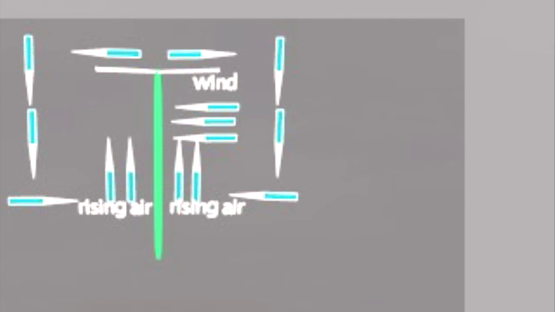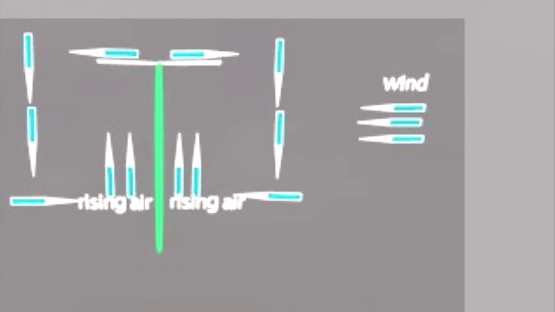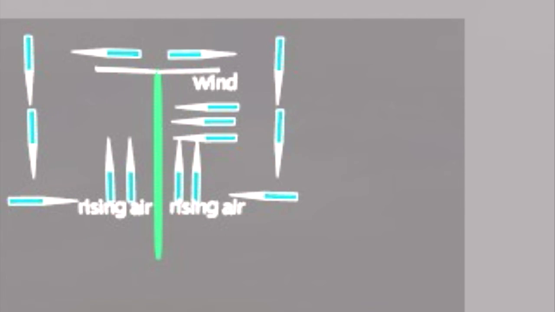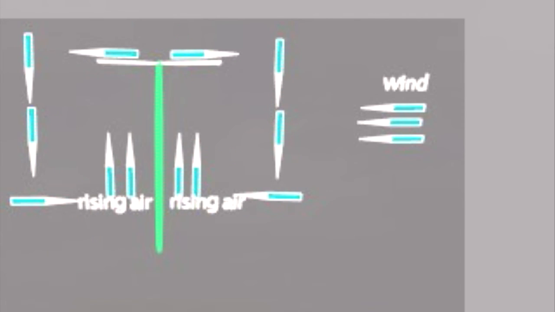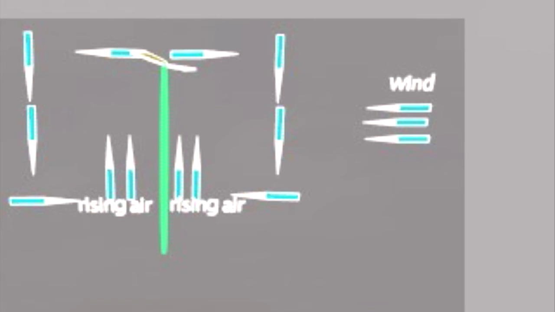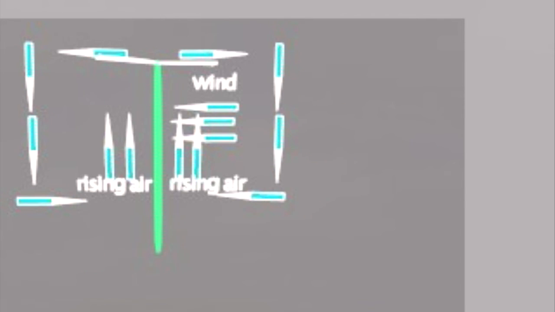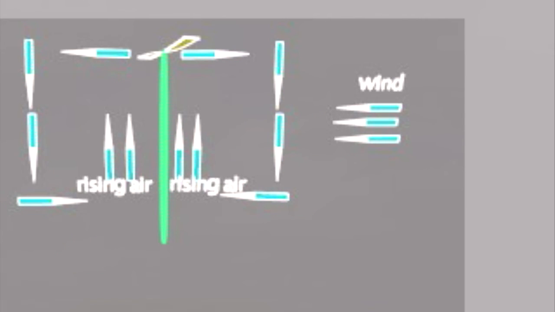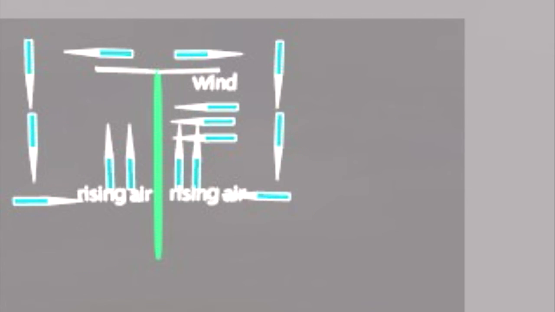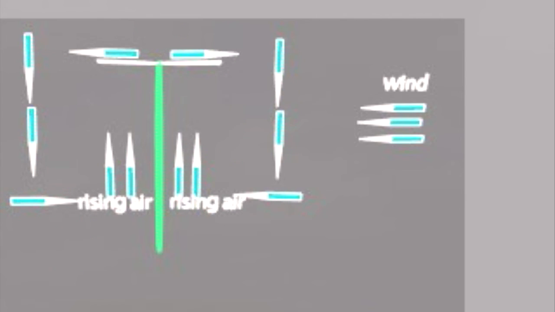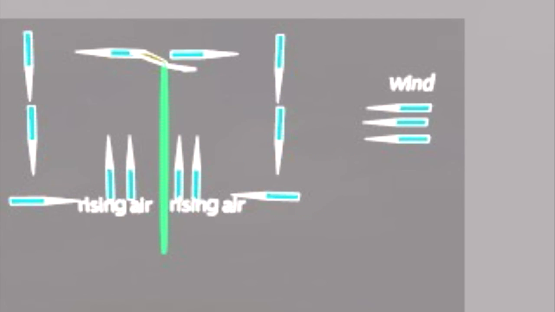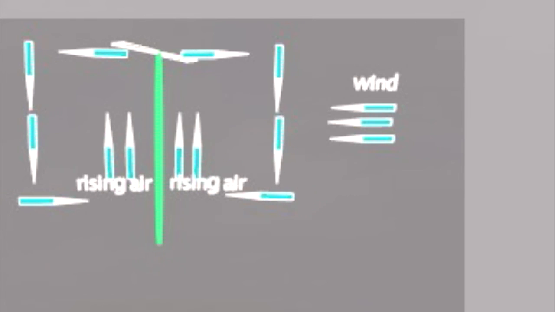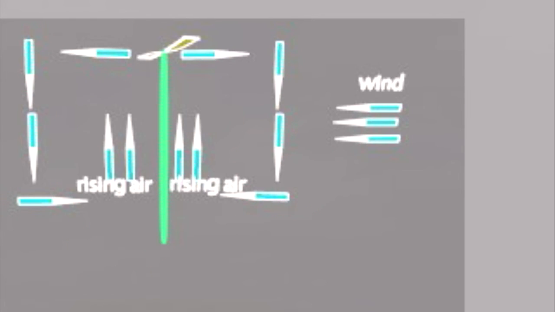If you really want to experiment, you can use something like a hair dryer to simulate the wind, which you can put on the top, which is not even common outside in nature.